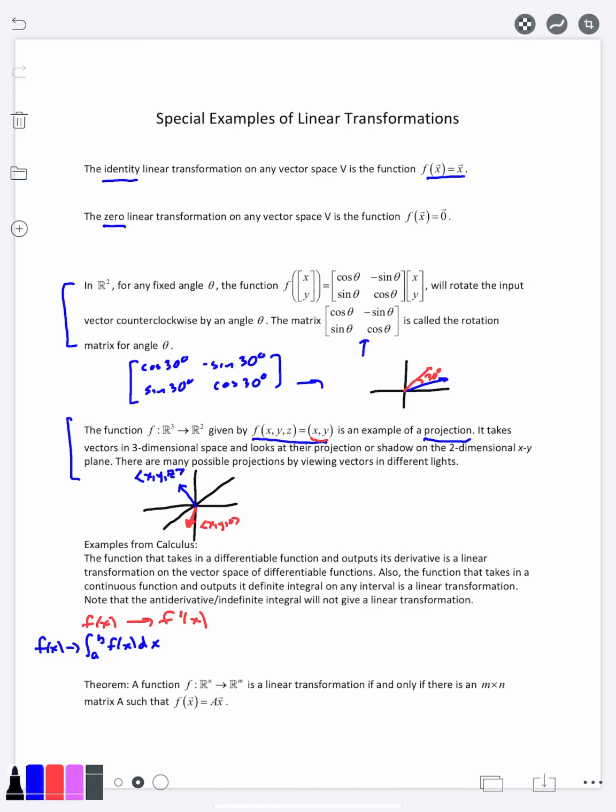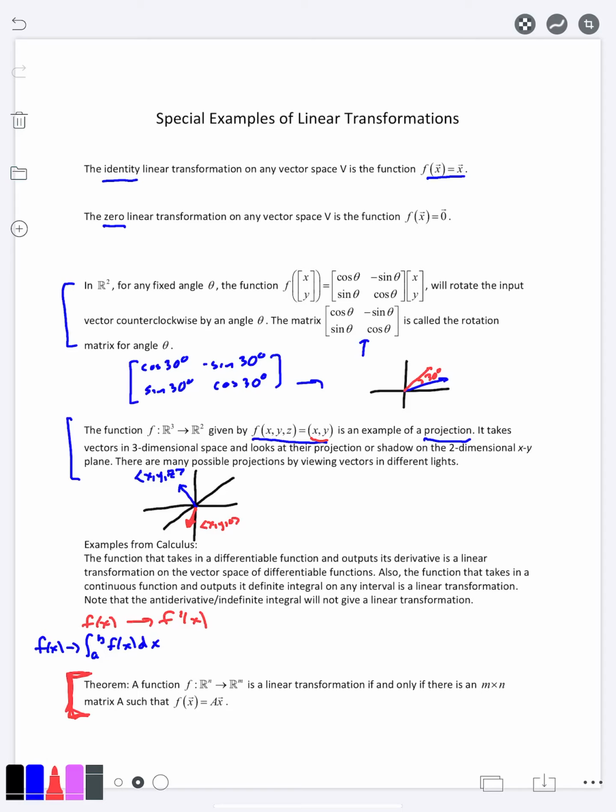And then at the end of the day, I gave you this big theorem here. It's actually very, very important. In the previous video, we were testing whether or not something was a linear transformation, and we had to either prove two things work or find an example where things don't work.